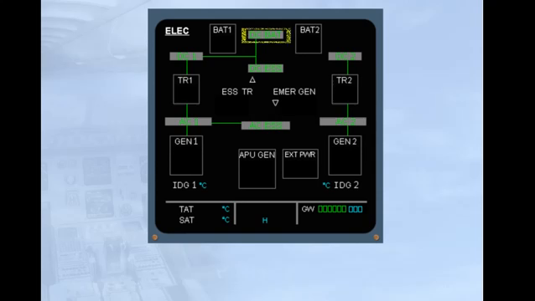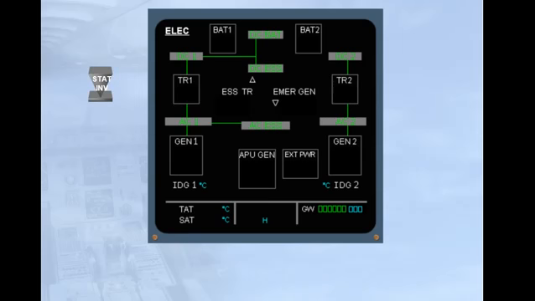The DC BAT bus, and 2 batteries. Notice that the static inverter is not displayed on the ECAM page. For simplification, the component indications had been removed.